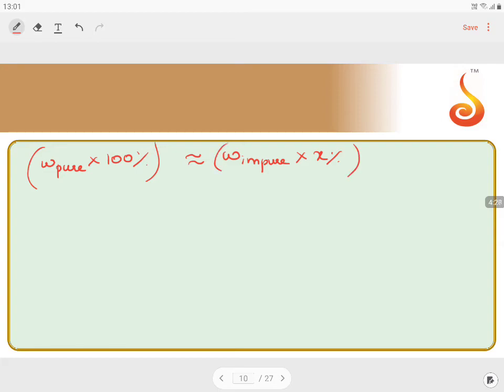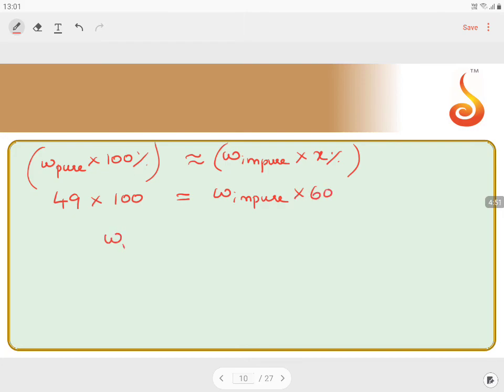This is our formula. According to the question, the mass of the pure sample is 49 grams. The mass of the pure sample, 49 grams times 100%, is chemically equivalent to W impure, which is 60% pure.